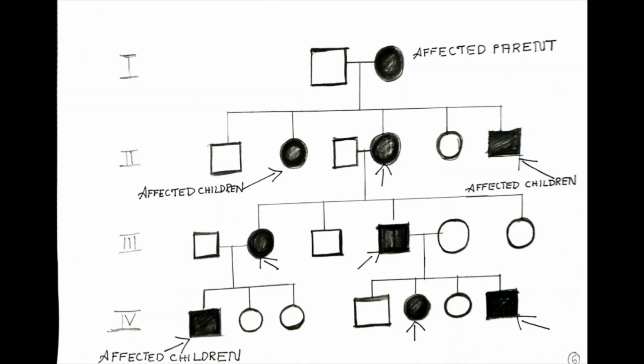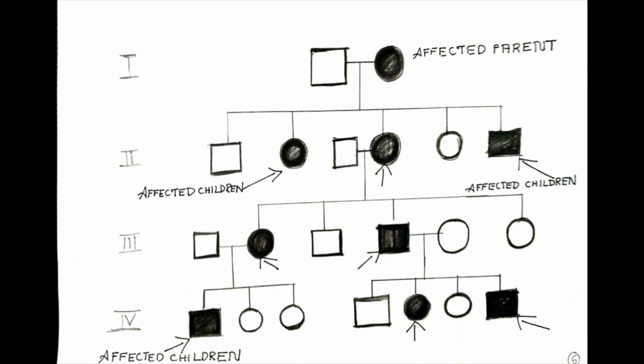Here, if you look at this chart, affected parent. I have mentioned affected parent. And observe the pattern, affected children. Observe the third generation, again affected. Fourth generation, again. So the clue is, it is autosomal dominant. The word dominant, you know, it is present in all the generations.